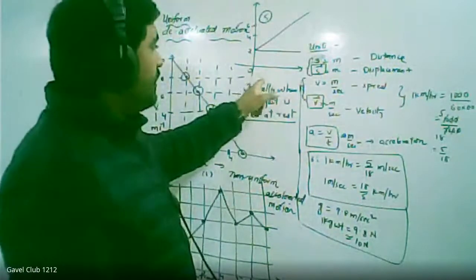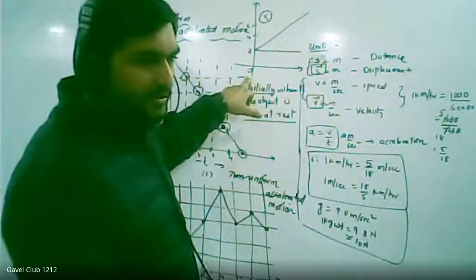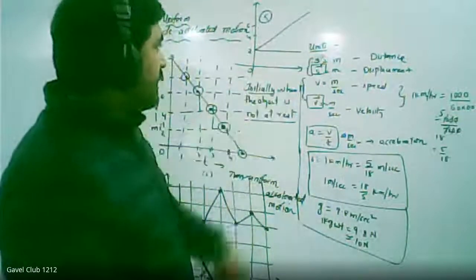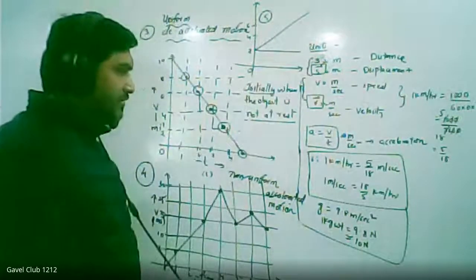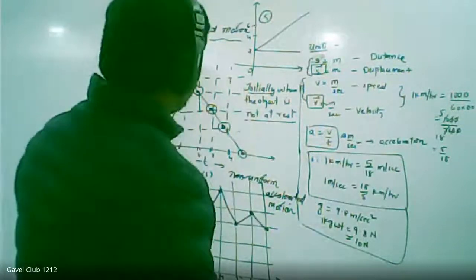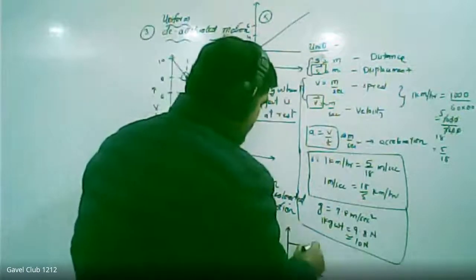When the object doesn't start from rest, it is initially not at rest, and for this we get a graph like this. So we have a total of 5 different types of graphs which I have drawn here. The first one is just a straight line.